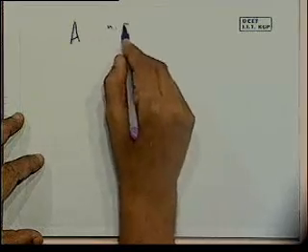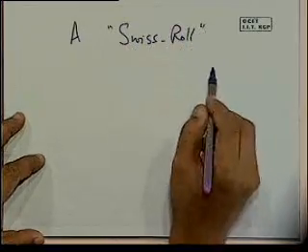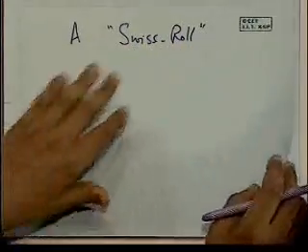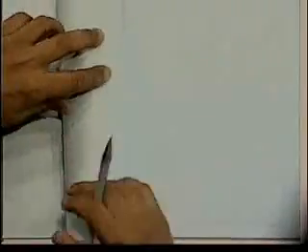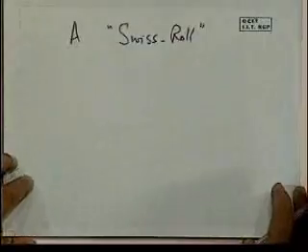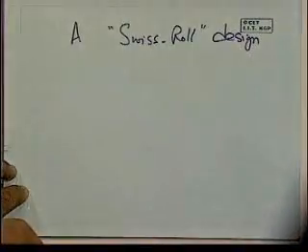And the way this is done is basically to create a Swiss roll. You know what's a Swiss roll? Cakes that are made by putting some cream filling and then rolled up. And you cut it into slices. Essentially, that's the design. That's the kind of approach that is used.